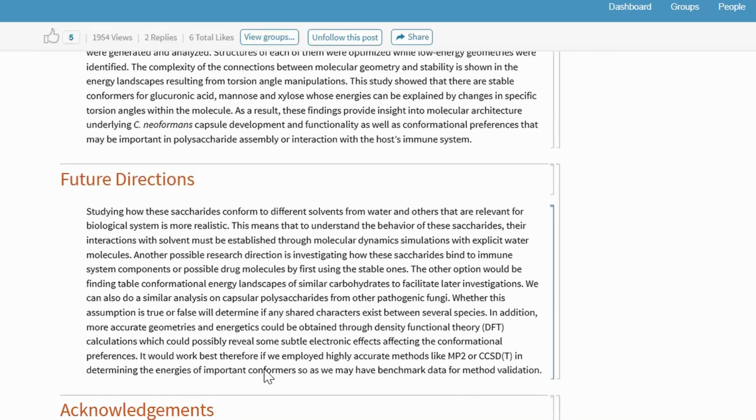Moving forward, we could use these conformational data with experimental studies and more sophisticated computational approaches, and perhaps identify novel therapeutic targets for destroying the fungal capsule.